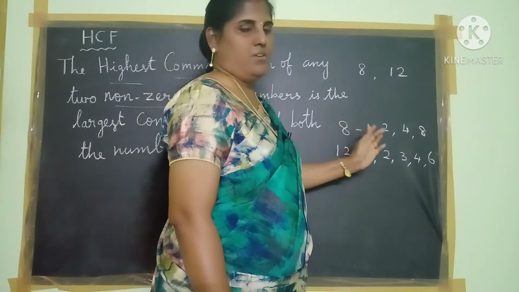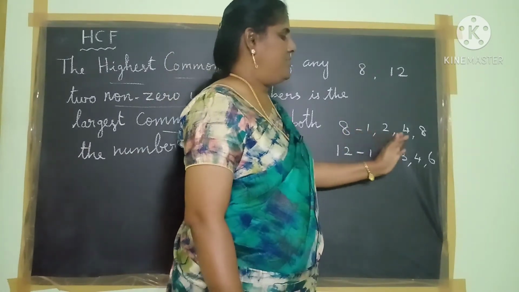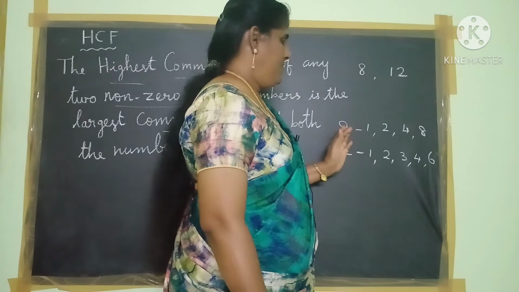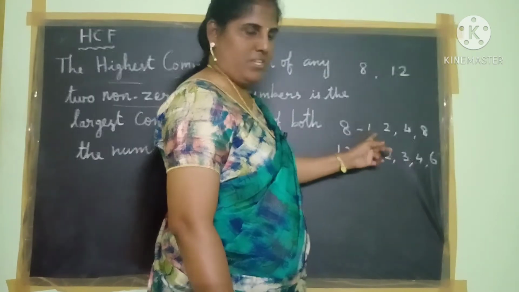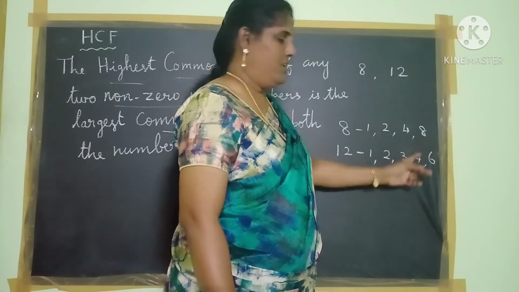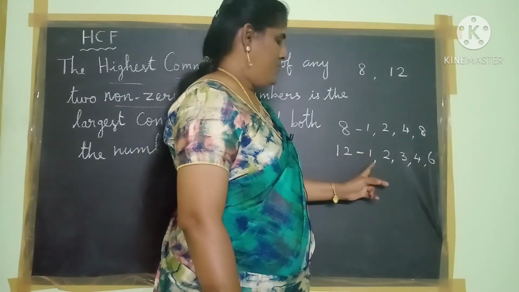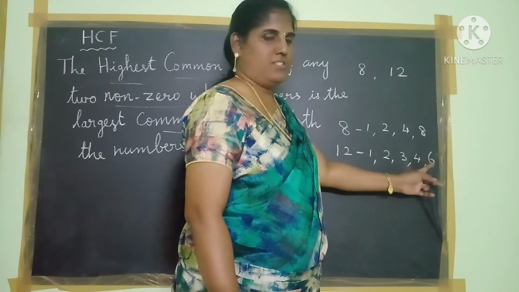See the sum. First of all, list out the factors of the given numbers. 8 can be divided by 1 table, 2 table, 4 table and 8 table, and 12 can be divided by 1 table, 2 table, 3 table, 4 table and 6 table.